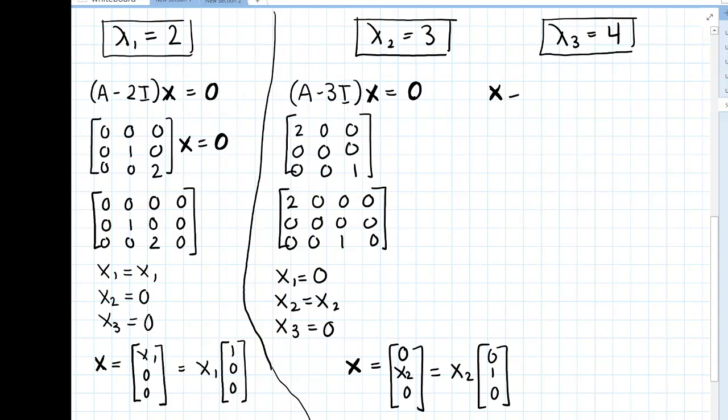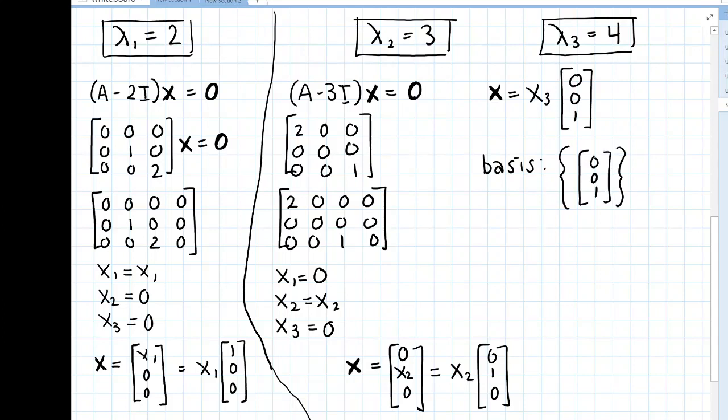The answer will be that x is equal to x3 times 0, 0, 1. And so that's going to tell us that the basis for the eigenspace is going to be 0, 0, 1, which is the same thing as E3.